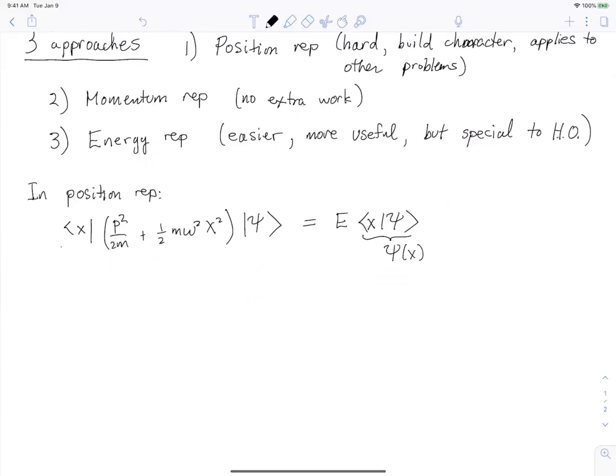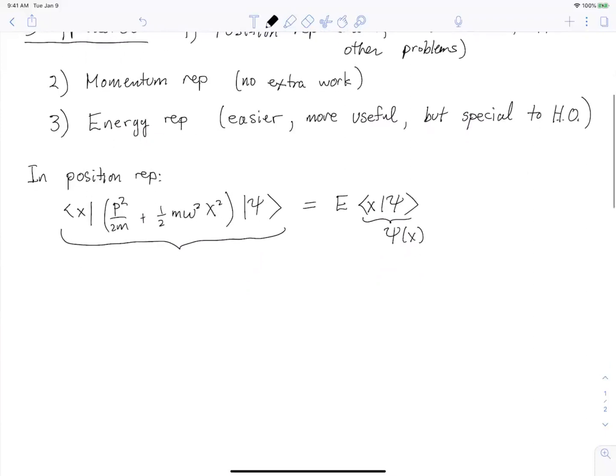And in the position representation, we can take how p and x are represented and plug that in. And so this becomes minus h bar squared over 2m, 2 x derivatives, plus 1/2 m omega squared x squared, the number, times psi of x.